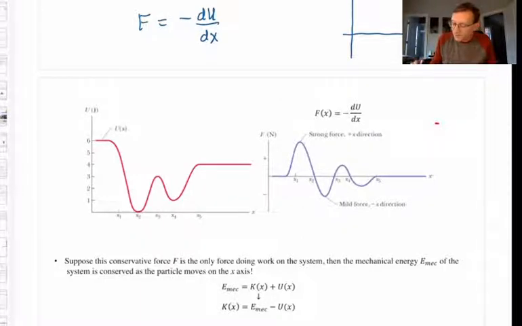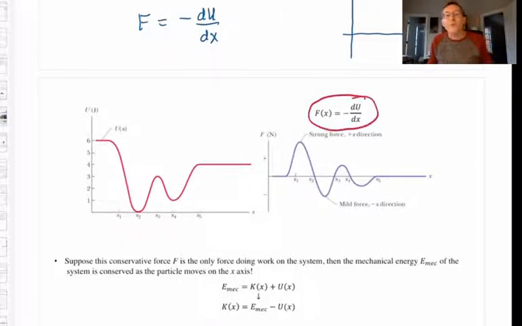That goes with the potential energy curve. And it's all based on that relationship. The force is the negative derivative of the potential energy, so the force is the negative slope of the tangent line. So to get the force graph on the right, all we wanted you to do was to think about the slope of the tangent line of the graph on the left.